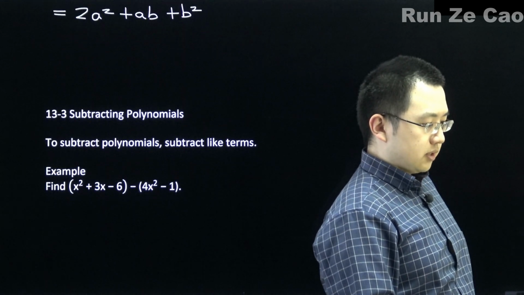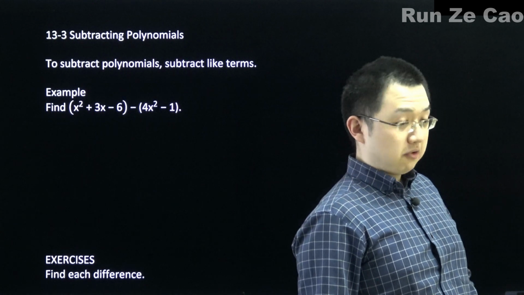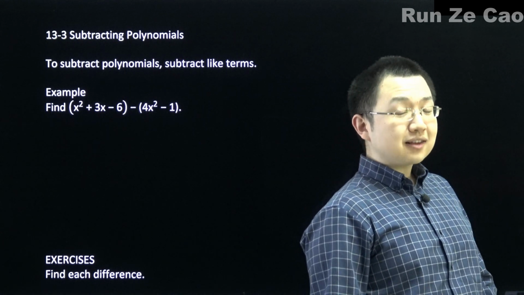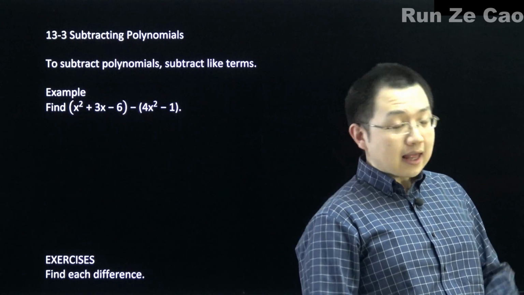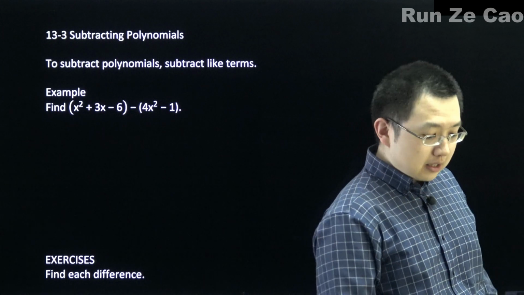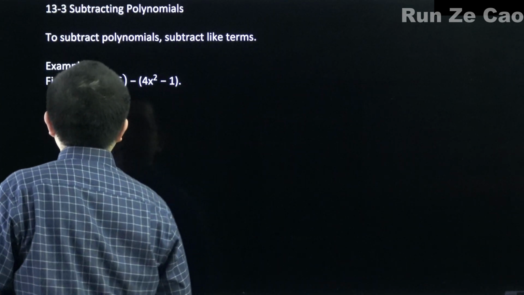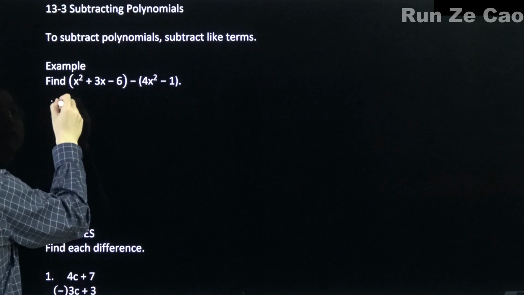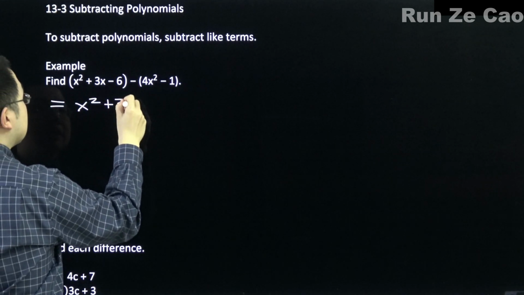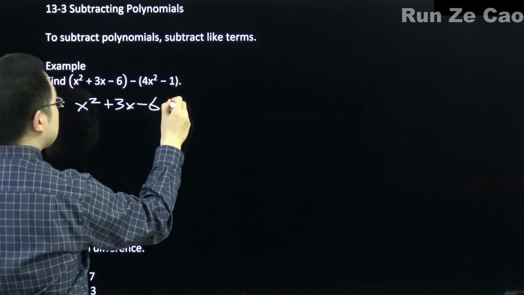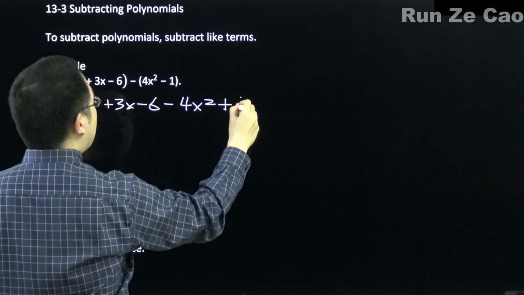Subtracting polynomials. To subtract polynomials, you subtract like terms. It's the same as addition. You open up all the brackets, and then you group the like terms, and you add or subtract as needed. For example, here we would have x squared plus 3x minus 6 minus 4x squared plus 1.